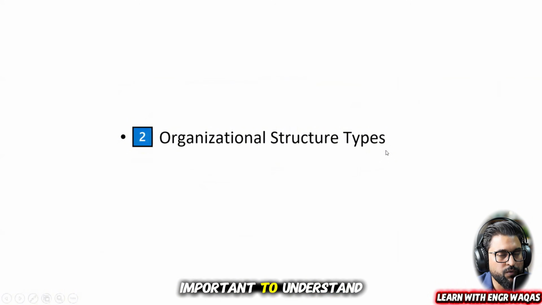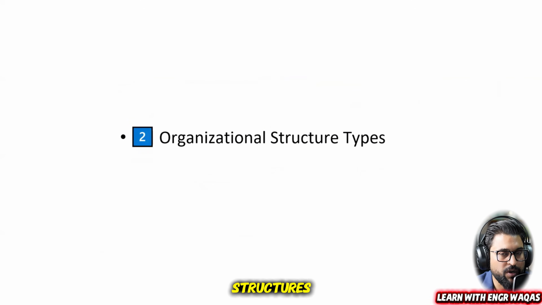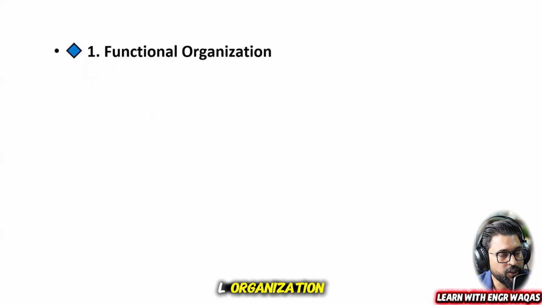Now, it is very important to understand our project team structures, how project management is going to guide us to formulate our teams. So this is a very important thing. There is a functional organization.